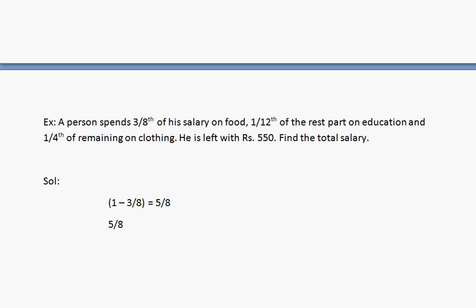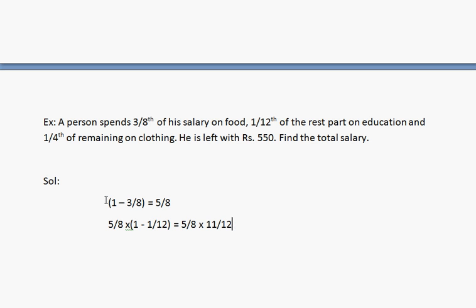Out of 5/8 he spent 1/12 on education, so he would be left with 1 minus 1 by 12, which would be equal to 5/8 multiplied by 11 by 12. So this is the salary he is left with after spending on food and education.